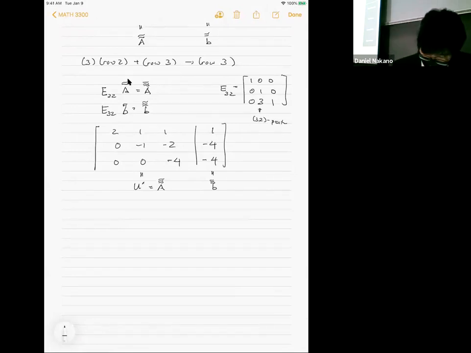Okay, so now how did we get U prime? So we obtained this U prime, which is this nice sort of echelon form where the pivots may not be just ones or zeros, but could be something else, by doing the following.